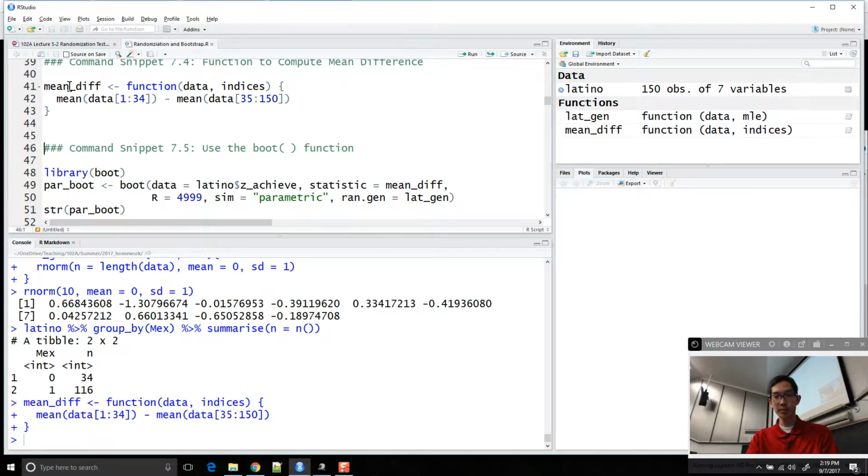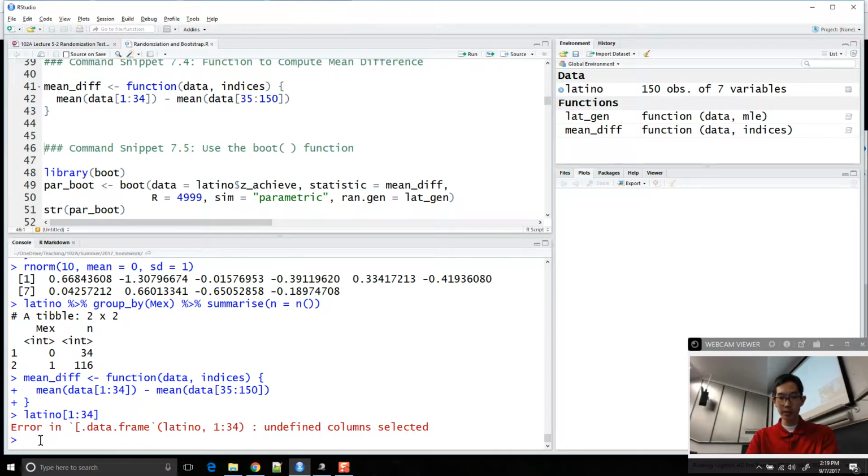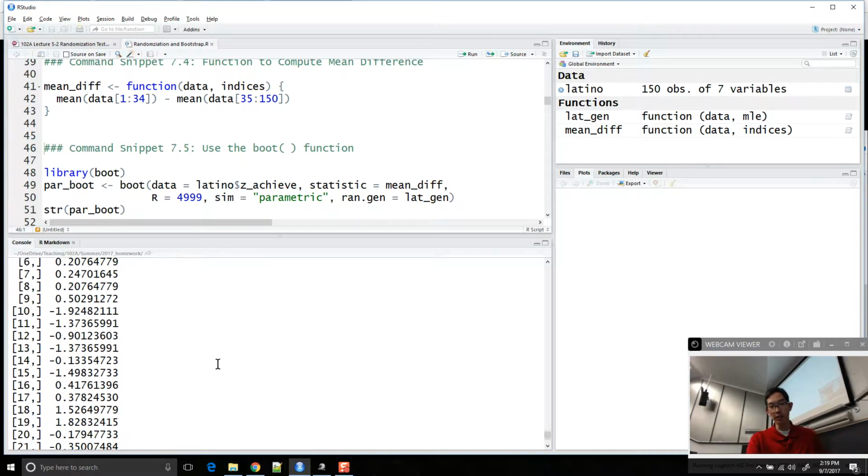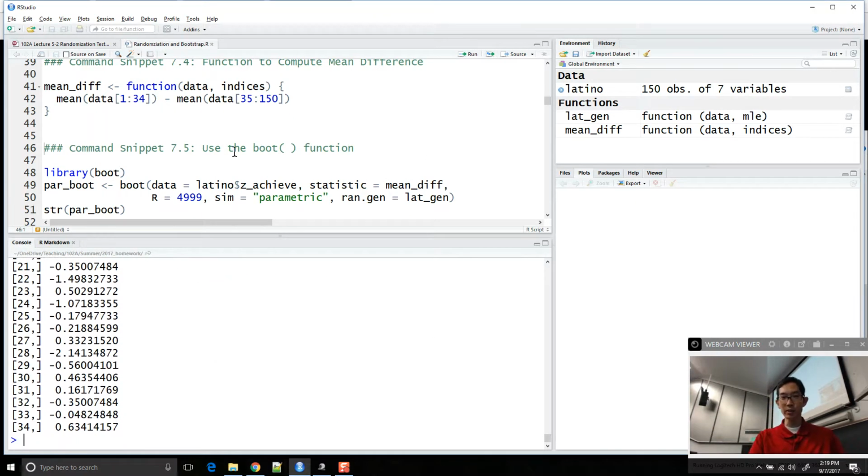Basically, if I take my current data set, which is Latino, and I take 1 through 34, these are the first 34 values, and then we'll throw in the last 116.